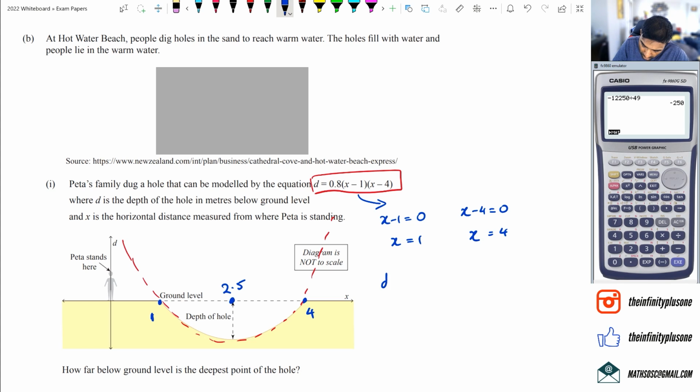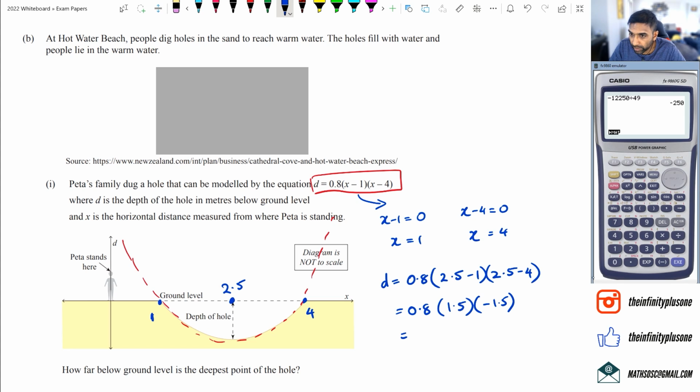So we're going to substitute 2.5 wherever x is. So 2.5 minus 1, 2.5 minus 4, and we're going to get 0.8 times 1.5 times negative 1.5. And we're going to go into the calculator. 0.8 multiplied by 1.5 multiplied by negative 1.5. It gives me negative 1.8.